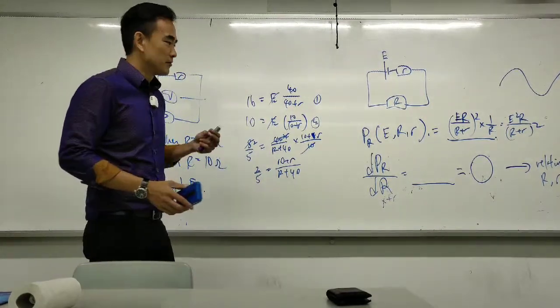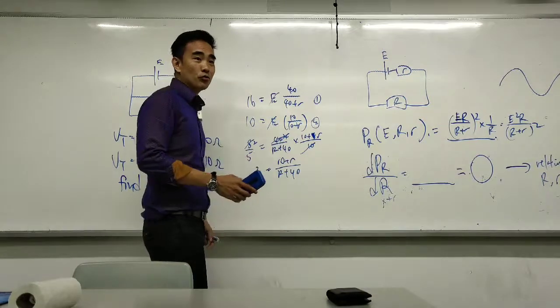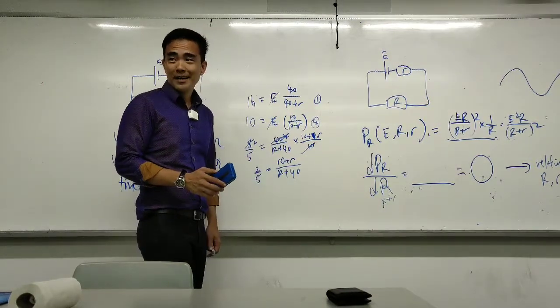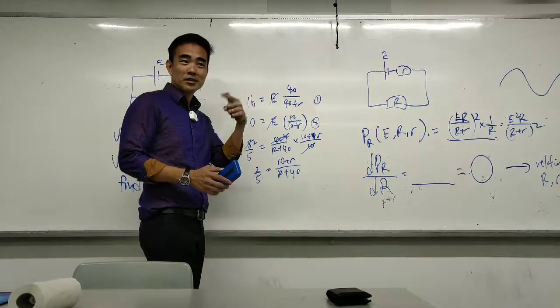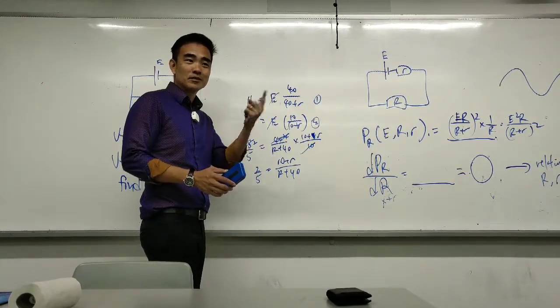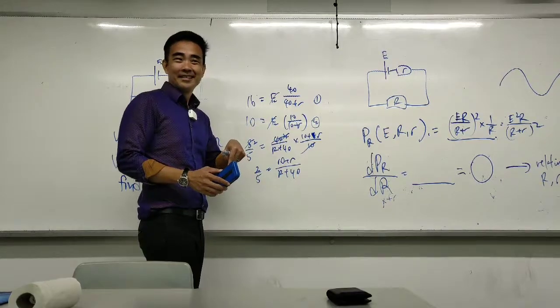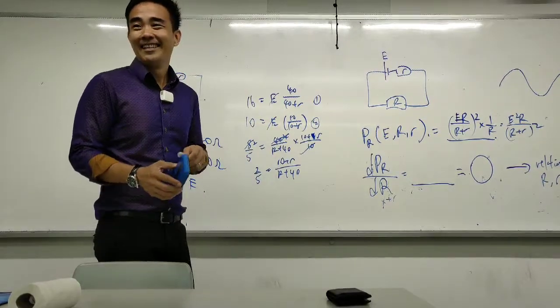So go ahead, enjoy your quotient rule. Still remember your quotient rule? Differentiate the top times the bottom, minus differentiate the bottom times the top, divided by bottom squared.